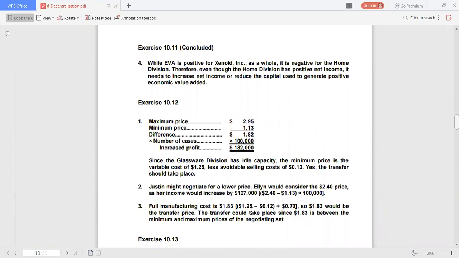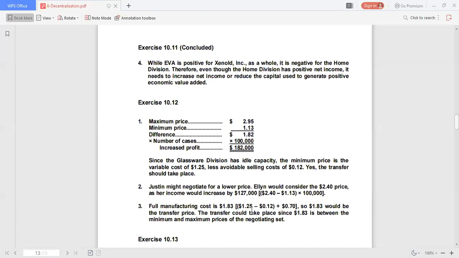Eileen would consider the 2.40 price as her income would increase by 127,000. That's 2.40, the offer price, minus 1.30.